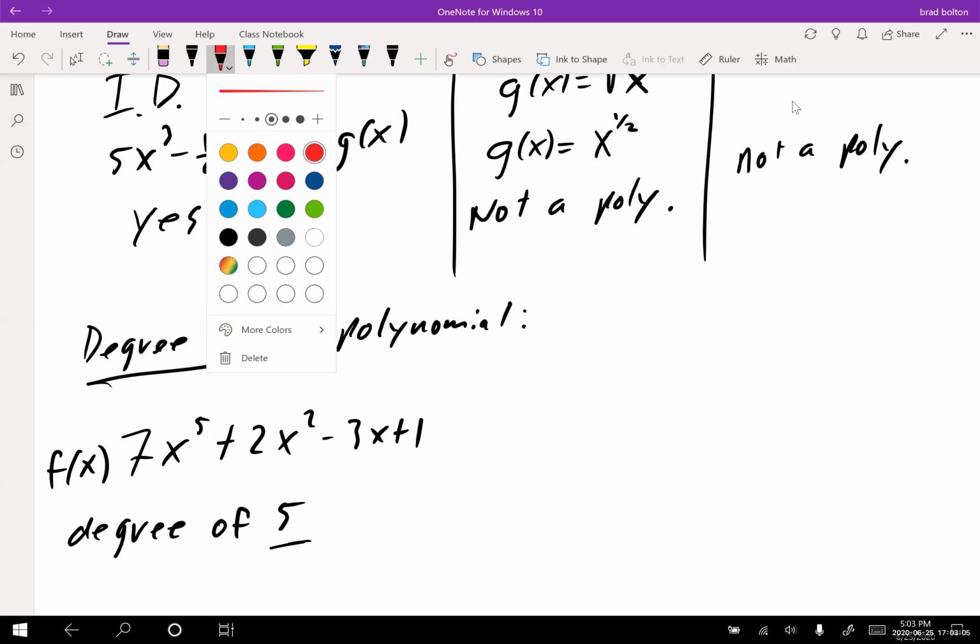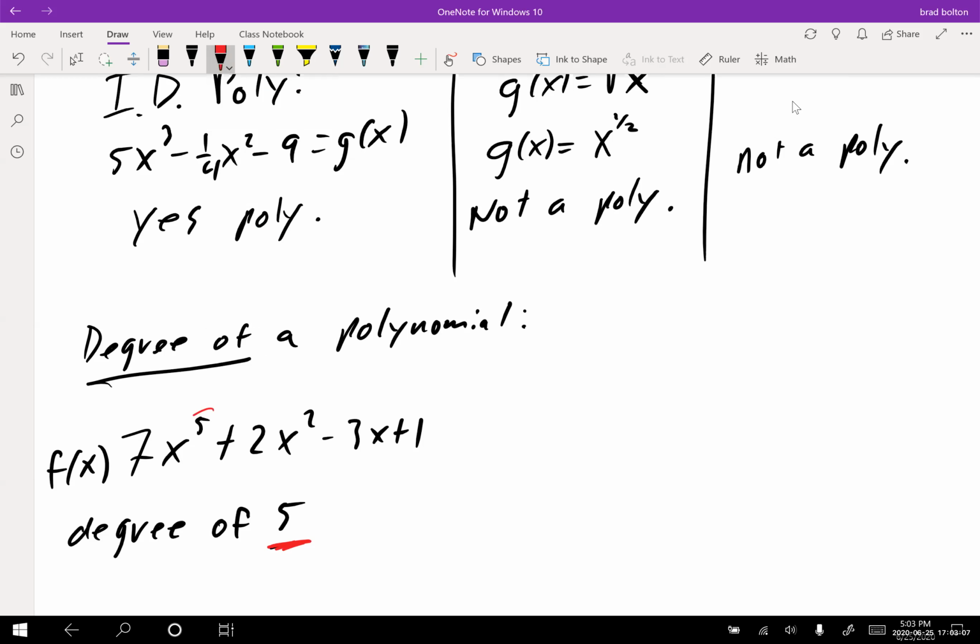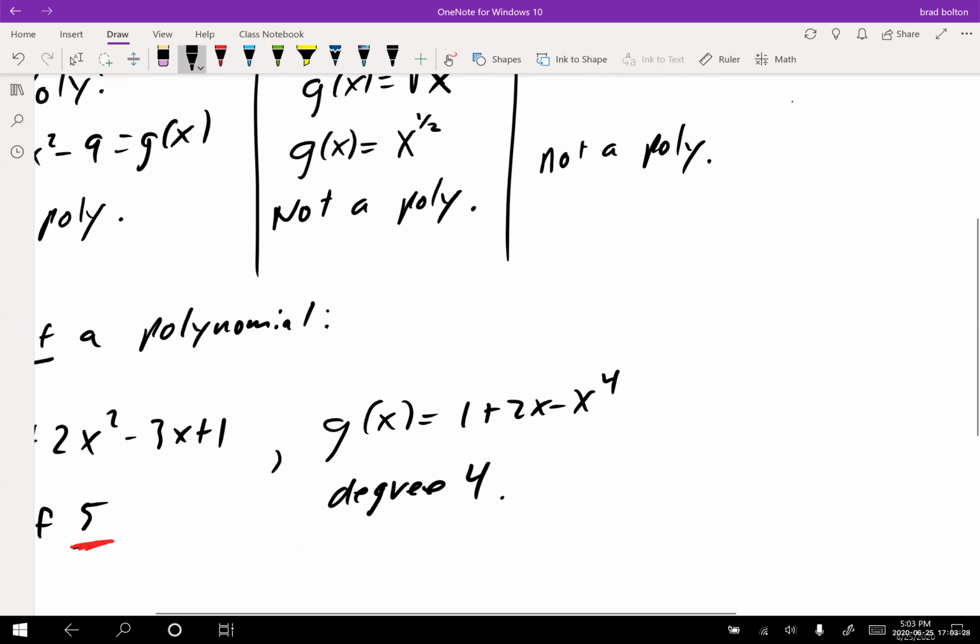So the degree is always based on the biggest power. So what is the biggest exponent in the polynomial? That is how we find the degree, okay? So then if I had g of x is equal to 1 plus 2x minus x to the 4th, then we would say degree 4, okay?